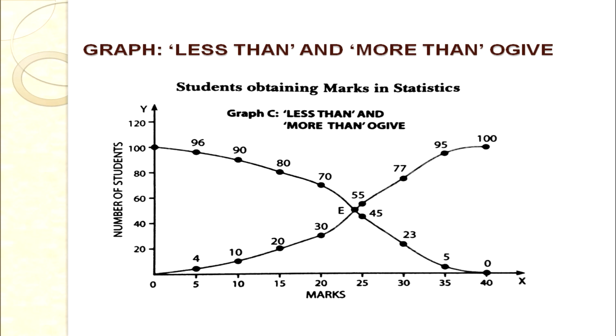Once we have got the points, we are going to join them again with a smooth hand and we will get a smooth curve. So we have drawn the more than cumulative frequency curve.